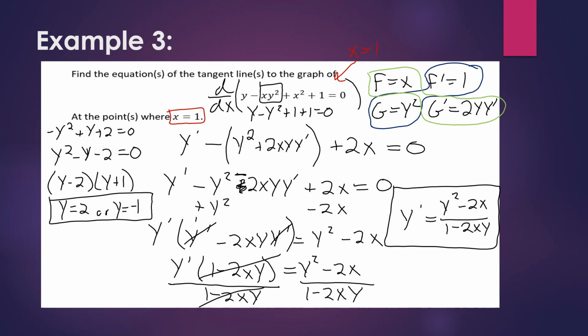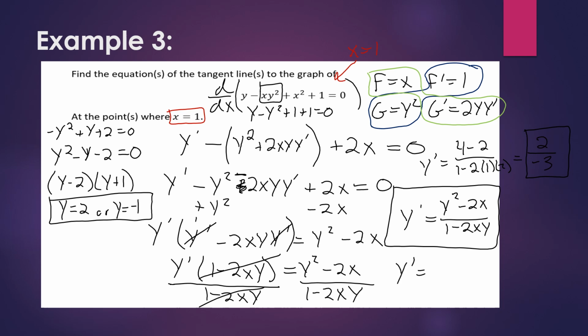So let's plug in x equals 1 and y equals 2. If I do that, I'm going to get y prime equals 4 minus 2 divided by 1 minus 2 times 1 times 2. And that'll be 2 over 1 minus 4, negative 3. So I get negative 2/3. And let's see what happens when I plug in 1 and negative 1.